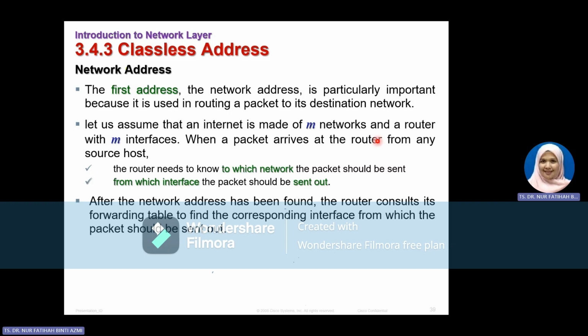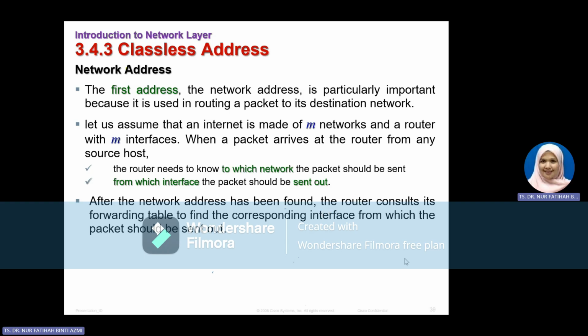Why this network address is important is because it is used by routers to send data packets to the correct destination network. You can imagine the huge internet made up of many different networks.